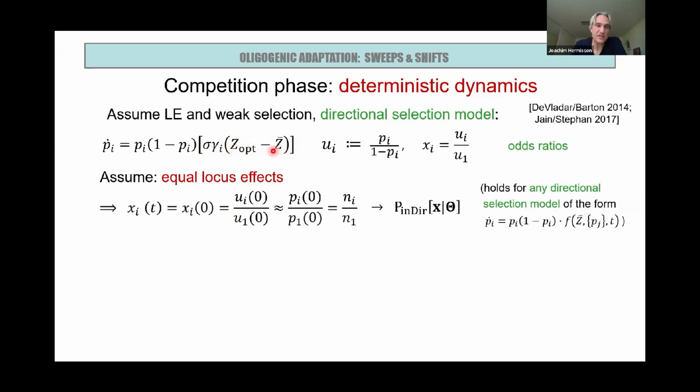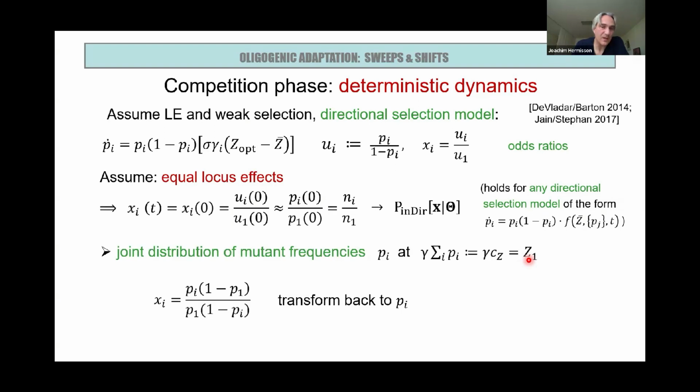As long as this factor is the same at all loci, exactly the same result with the inverted Dirichlet distribution holds.